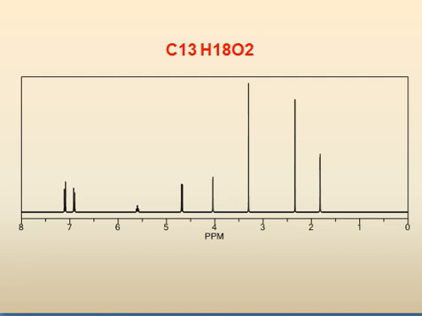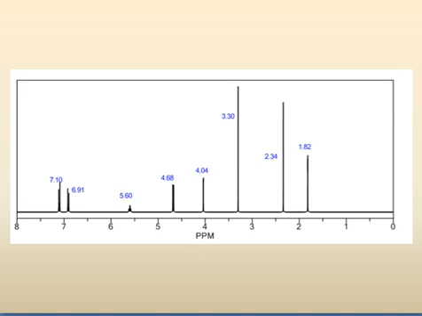Let's see the value. This is the value, 2.34. Most probably this is a toluene proton, and this is O-methyl. Earlier no O-methyl was there. The earlier O-methyl was on the benzyl group.